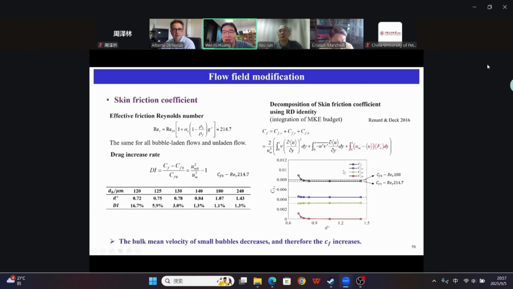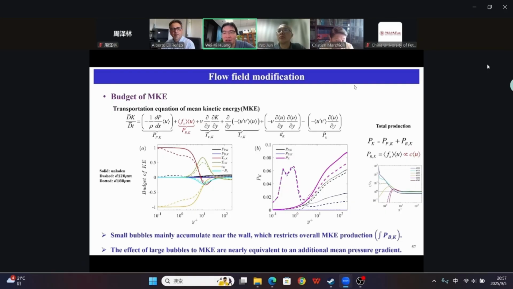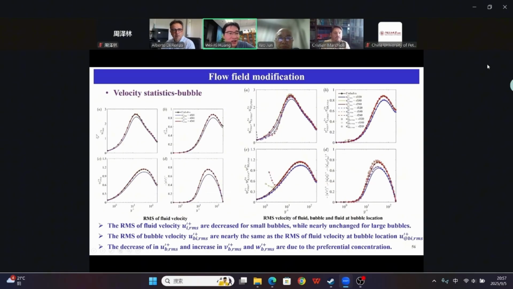Very near the wall, the density is very high for the very small bubble, so it will have some kind of effect on the turbulence. So we can see the turbulent fluctuation is somewhat reduced.